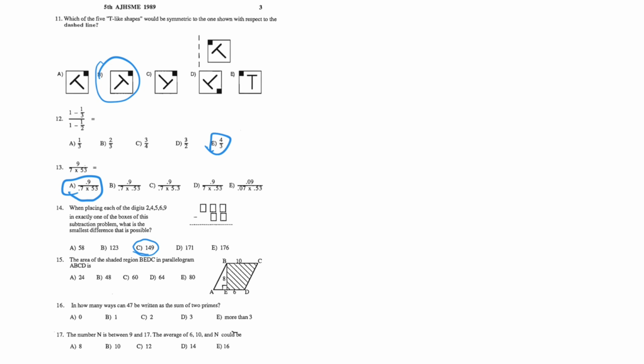Number 15. The area of shaded region BEDC in parallelogram ABCD is. BEDC, that's the trapezoid. Trapezoid area equals the base 1 plus base 2 times height divided by 2.